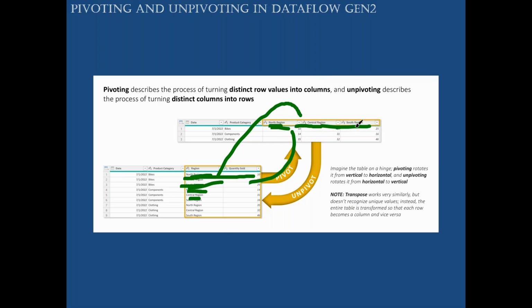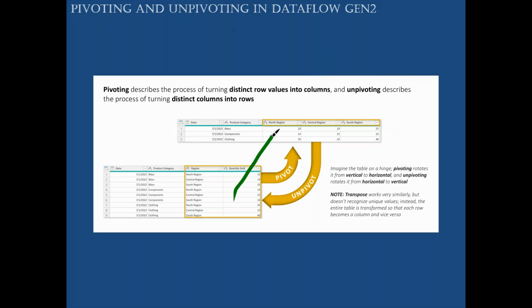And converting columns back to rows is called unpivoting. Understood? Pivoting means converting rows to columns. Unpivot means converting columns back to rows. Now you can see the readability is the same. Understood?